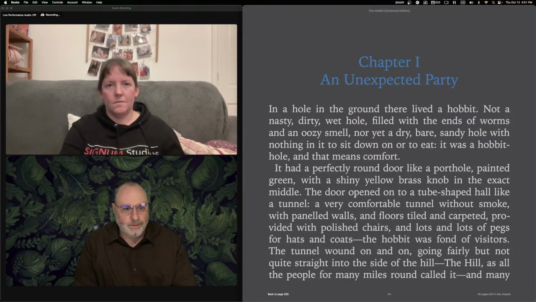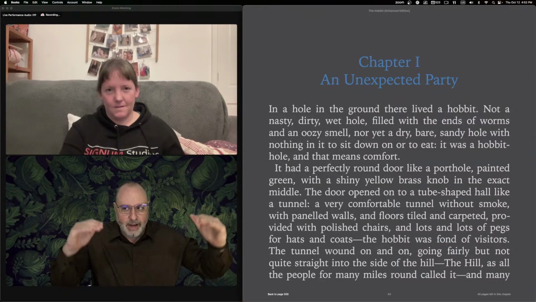Notice, by the way, and this is so classic Tolkien, you read this and you get a sense of, like, he's described this thing in intimate detail, but he hasn't. What color are the floor tiles? What kind of carpet does he have? Right, like he leaves.